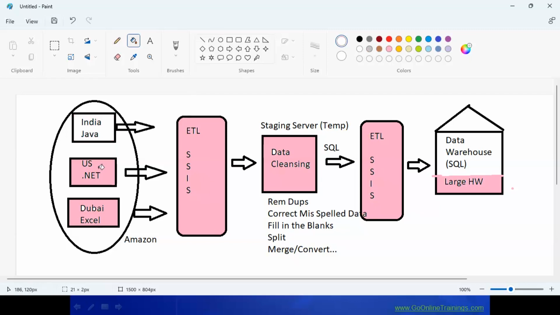You take one silver bucket, your sister will take one plastic bucket, and your father will take one more bucket. All these you think of as buckets. Buckets are small in size and empty. You go to the street, you collect the water. So water is now full, and all the buckets are done. So what you do? You take the water from here, you're going to be dumping into your drum or the tank. So data warehouse is a tank or the drum.